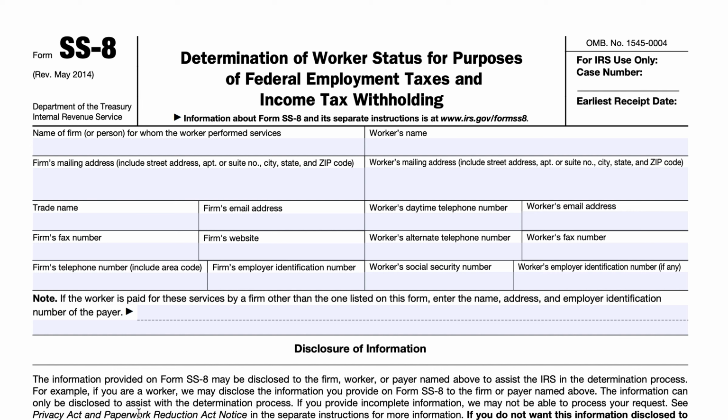And they do this when the worker completes a Form W-4, which are tax withholding instructions to their employer. And from that completed W-4, the employer follows very specific IRS guidance that helps them determine exactly how much to take out of a worker's paycheck every pay period.